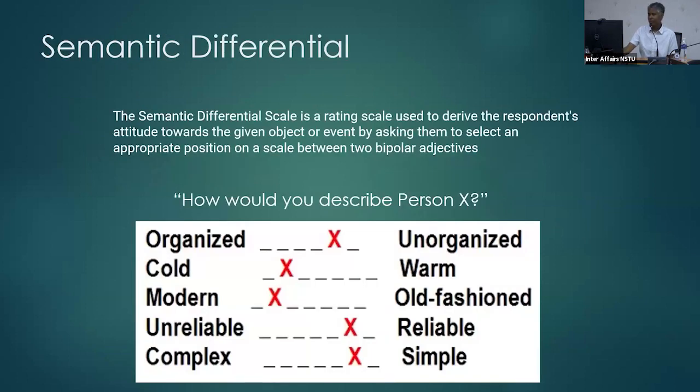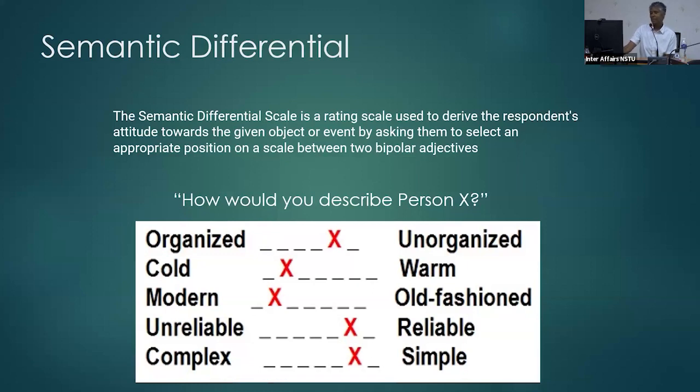Semantic differential. Again, this is sometimes a very useful way to gather information. So how would you describe this person in terms of these characteristics? Organized versus unorganized. So for each of these descriptors, we would be putting an X on the blank space in terms of which is closer to how we think about a person.